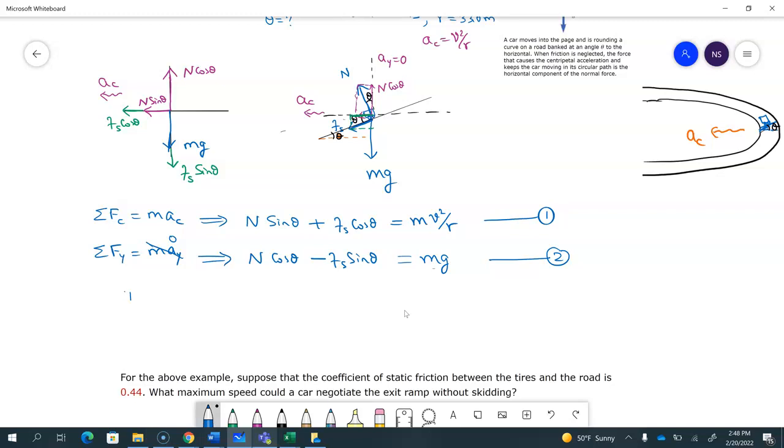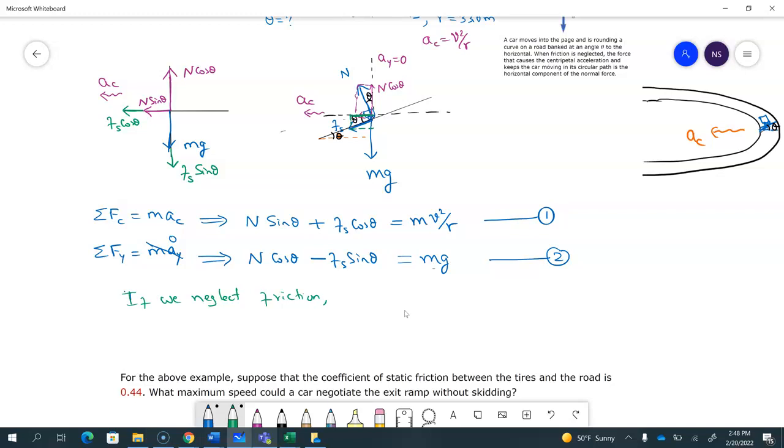So if we neglect friction, bad weather day, there's only snow, not much friction available. If we neglect friction, then set fs equals 0.